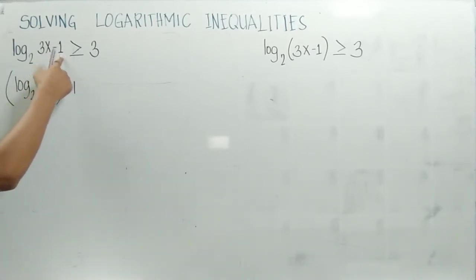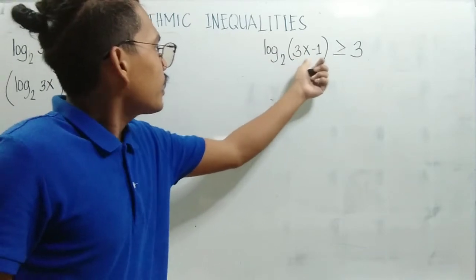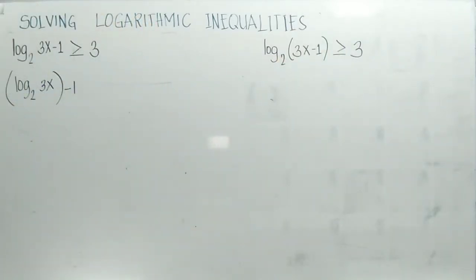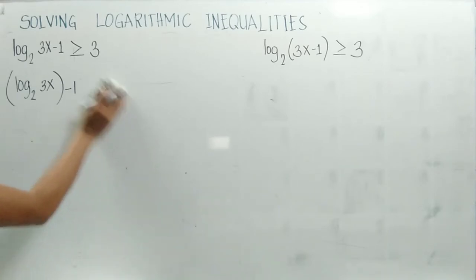Okay, so minus 1 is a constant subtracted from the log of 3x. And here, the log of 3x minus 1 as a whole quantity base 2. So I guess you can identify the difference of the two.